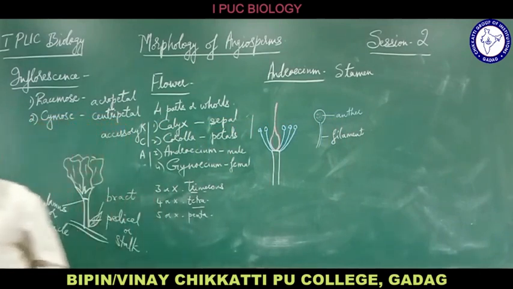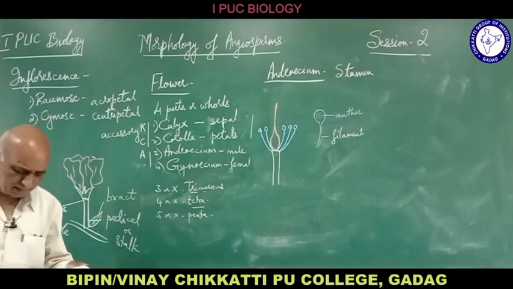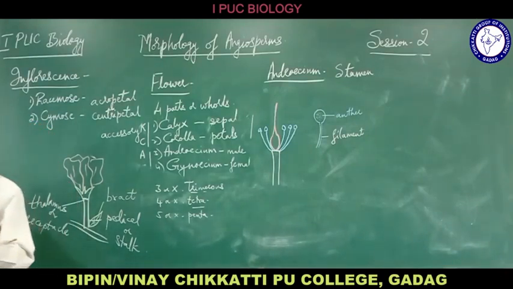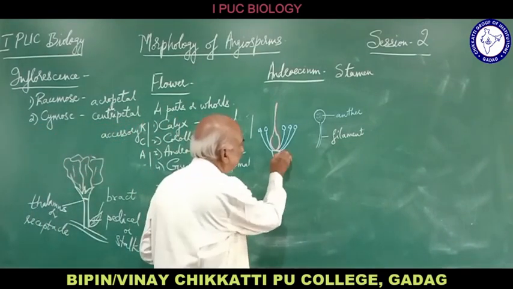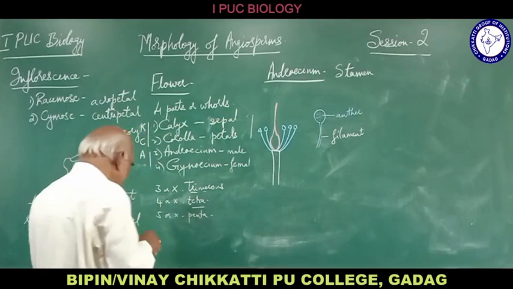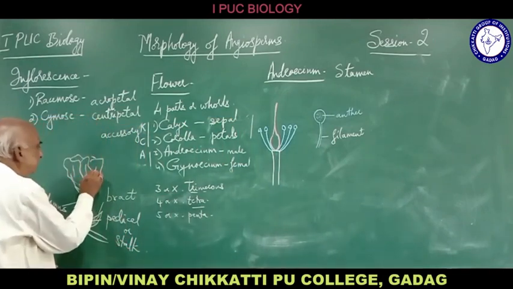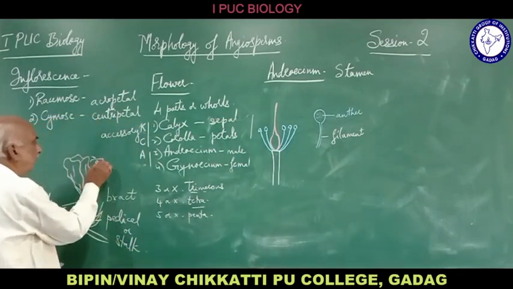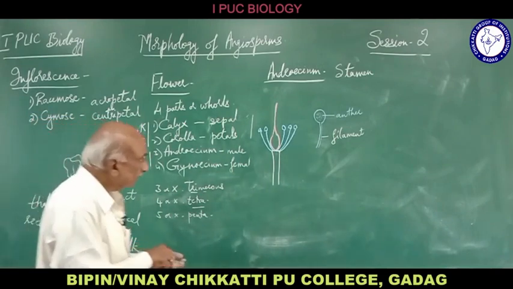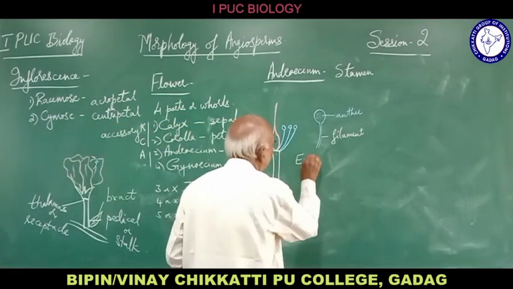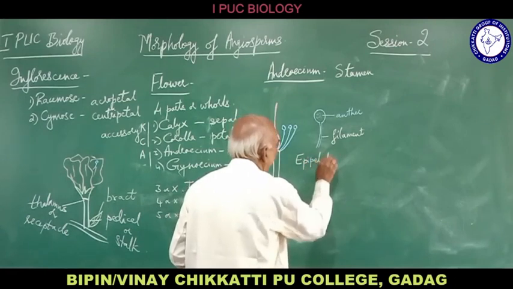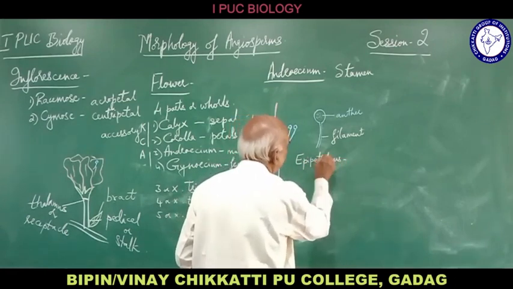Now coming to the arrangement of the stamens. The stamens are arranged in different manners. Usually the stamens are borne on the thalamus. Sometimes, in rare cases, these stamens are borne on the corolla. Such stamens are called epipetalous stamens.